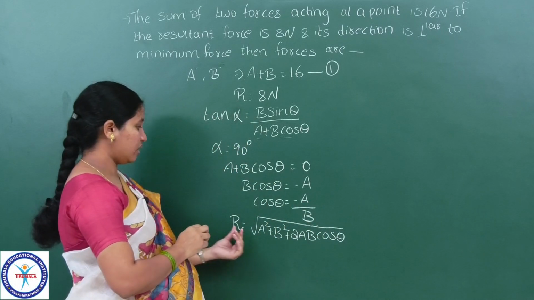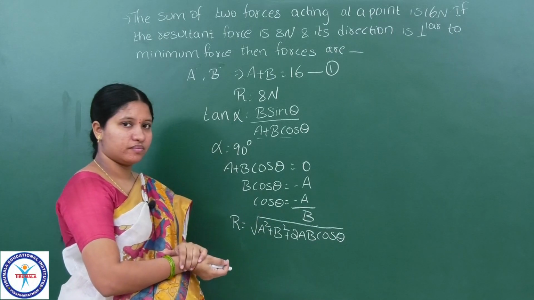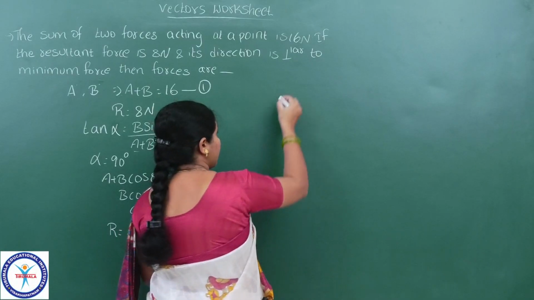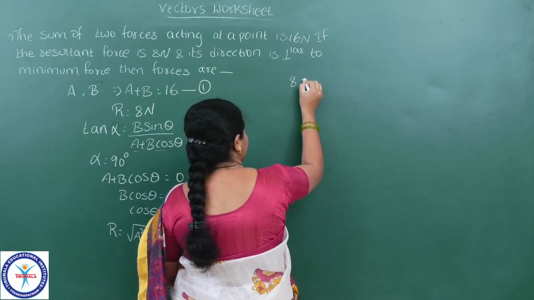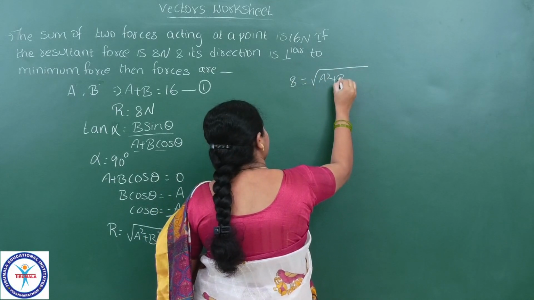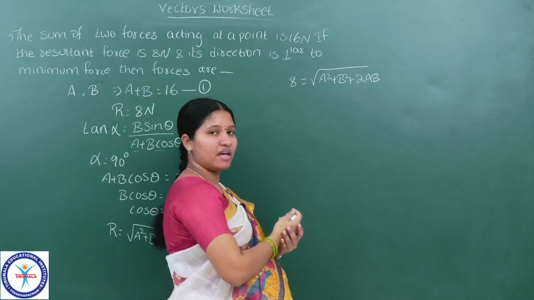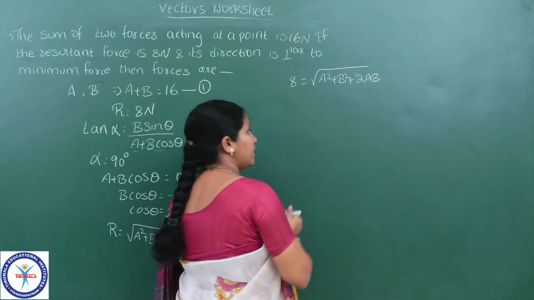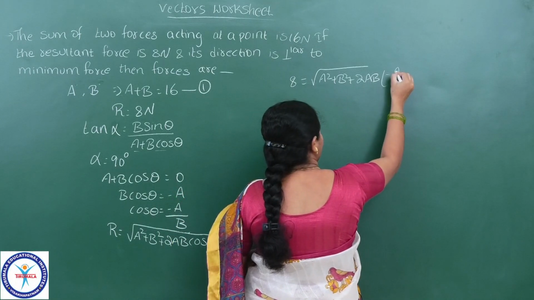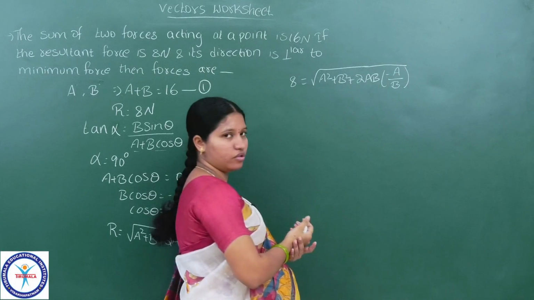Now substitute the value of resultant R and cos theta. On substituting the values, resultant is equal to 8 is equal to square root of A square plus B square plus 2AB, and the cos theta value we have obtained is minus A by B. So minus A by B is written in place of cos theta.